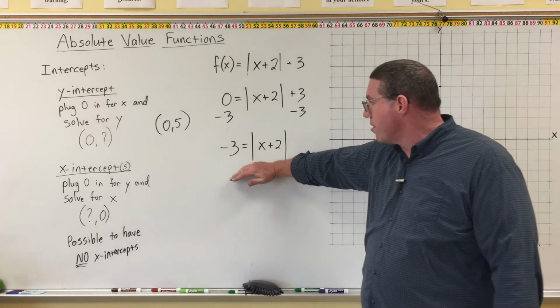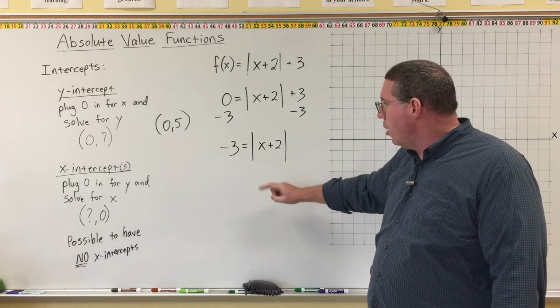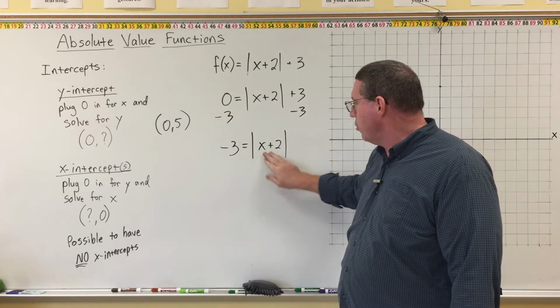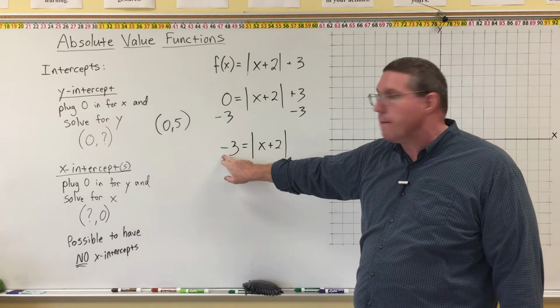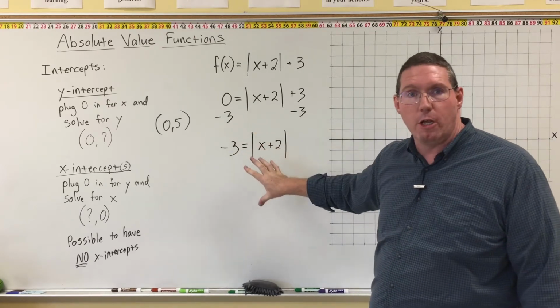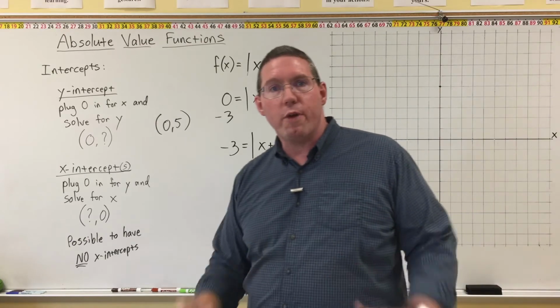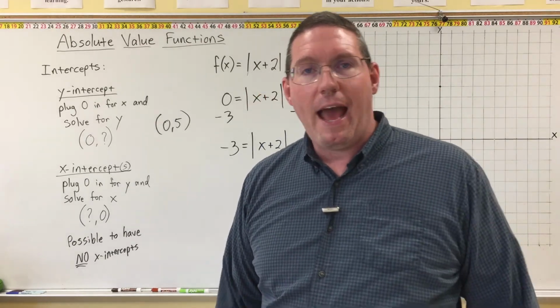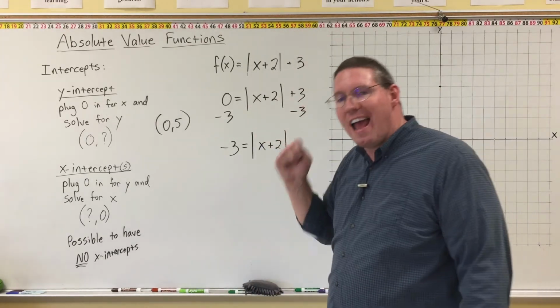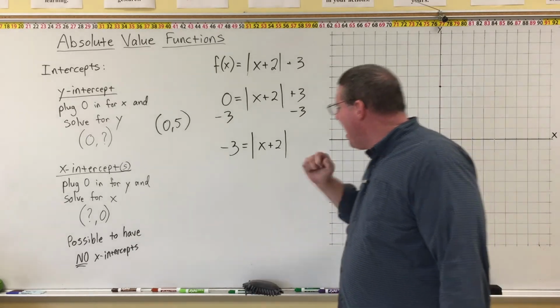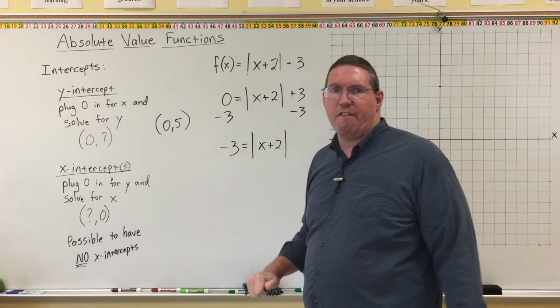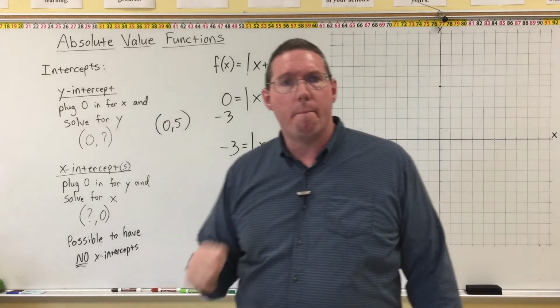When you got to this step, if you didn't notice that we have an absolute value equal to a negative 3, this is impossible in the normal, real mathematical world. Absolute values are never, ever equal to a negative value. It's just not possible.